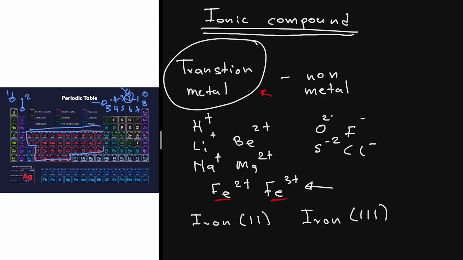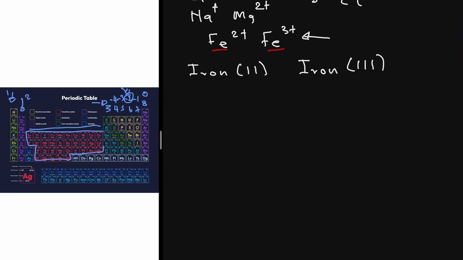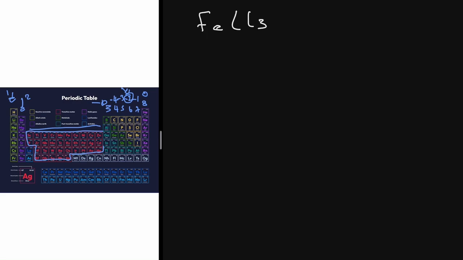So now, let us try to name a compound consisting of a transition metal and a non-metal. Let's say, for example, we have iron with chlorine. How do we see whether this iron is an iron 2 plus or an iron 3 plus?